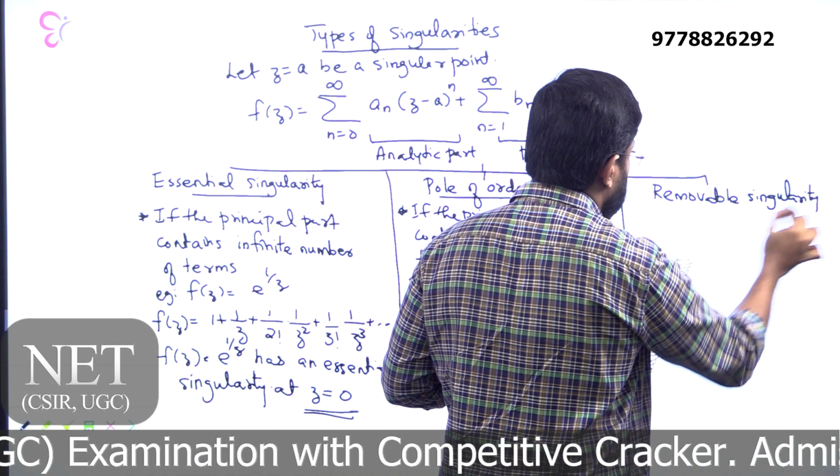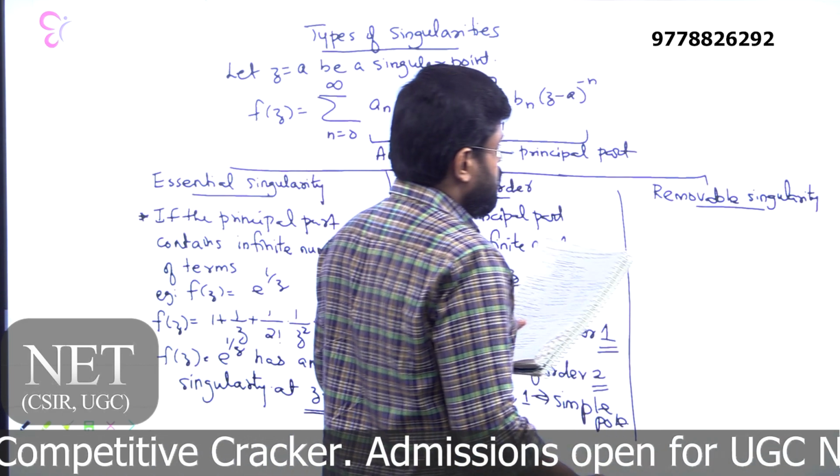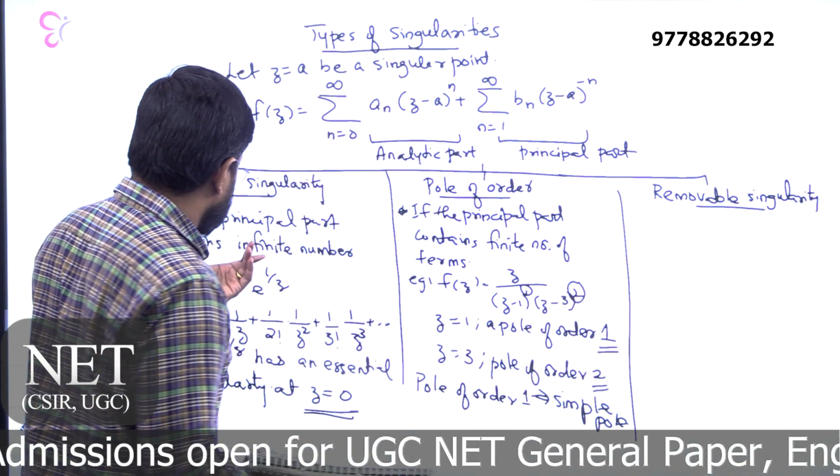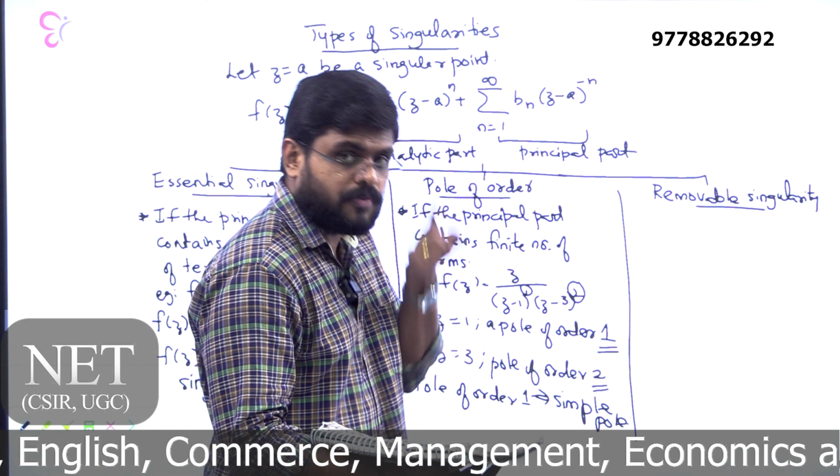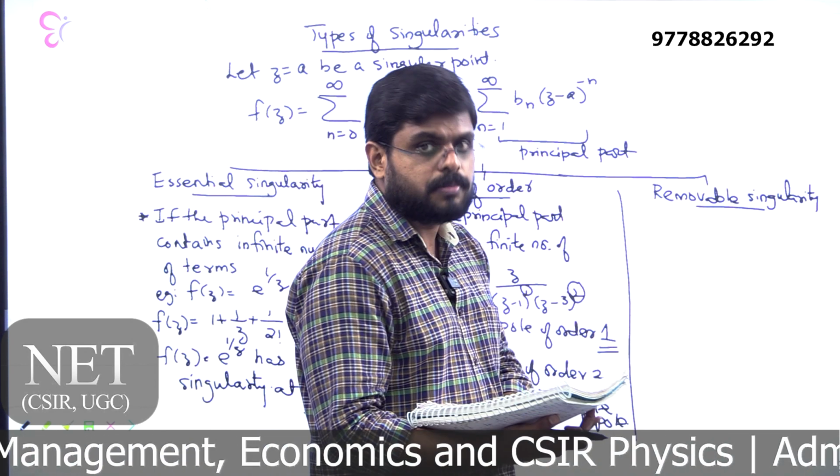What is this removable singularity? See, here the principal part contained an infinite number of terms, here the principal part contained a finite number of terms, and then what will be a removable singularity?